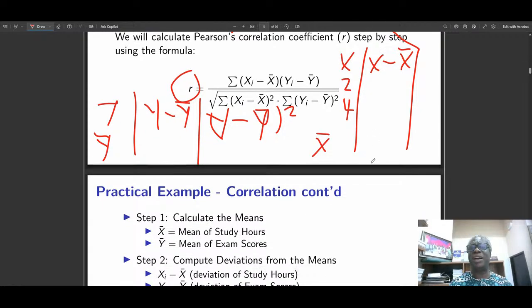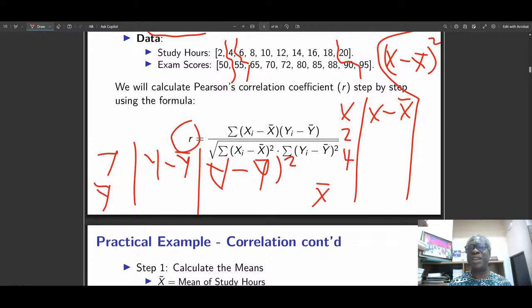Once you get that, you can get this column, which means 2 minus the mean, 4 minus the mean, and so on. And of course, what you have here is the square of whatever you have in the previous column: 2 minus the mean, 4 minus the mean, 6 minus the mean, and then you square it. That gives you the values in this column.